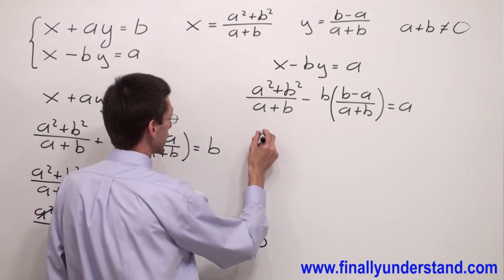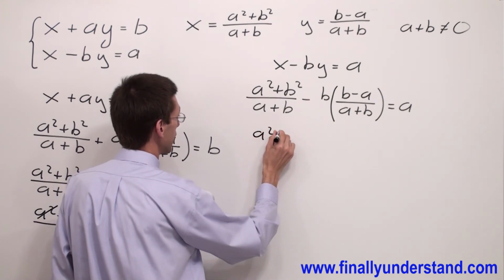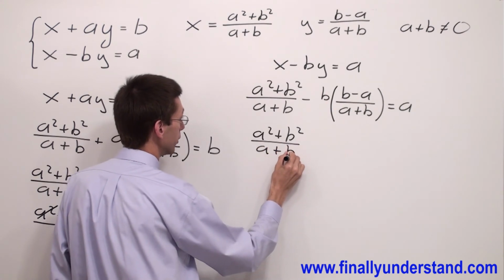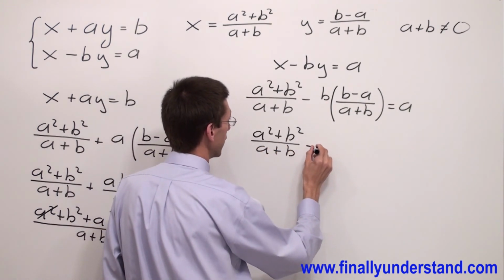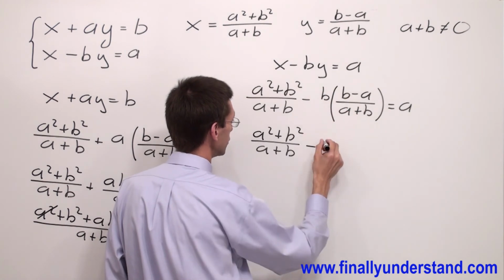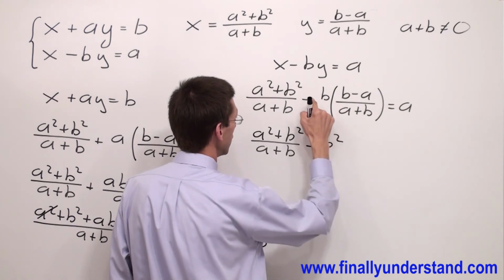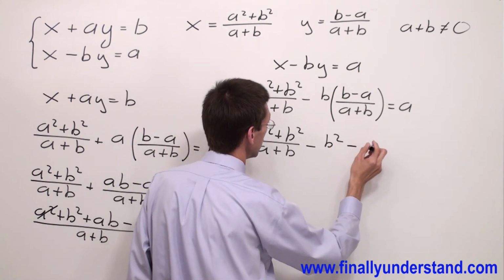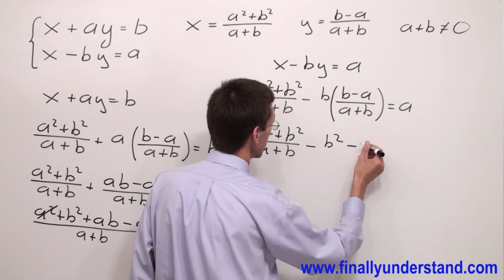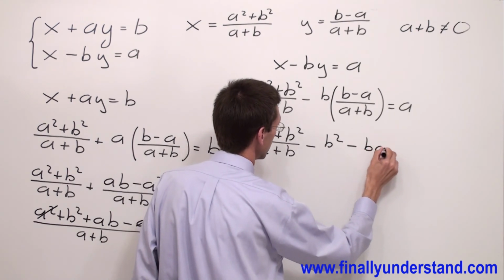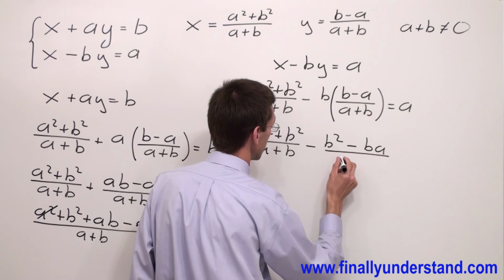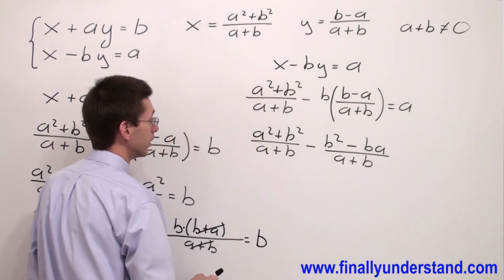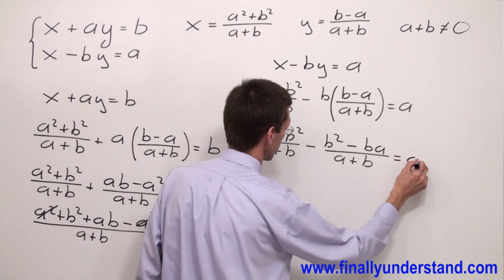Copy down the first fraction. I have a squared plus b squared over a plus b, and I have minus b times b gives me b squared. B times negative a is negative ab, or ba, over a plus b. Has to be equal to a.